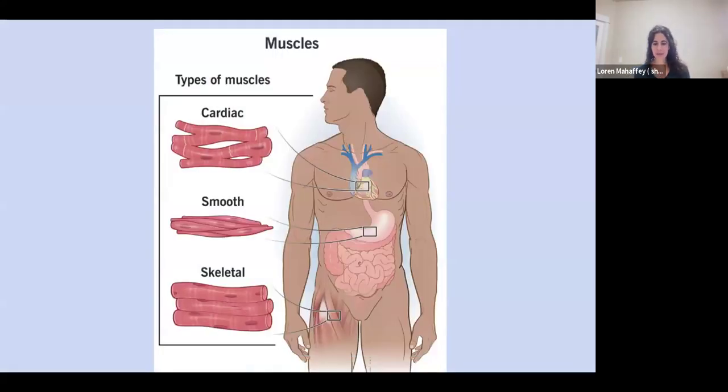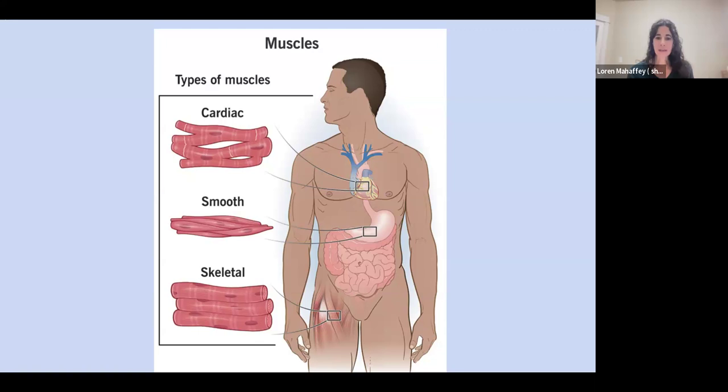So we have three types of muscle in our body, two of which are under autonomic control, meaning we do not have voluntary conscious control of them. And that is our cardiac muscle and our smooth muscle. Smooth muscle is located within the hollow organs, like the digestive system and the uterus, and it lines all of our veins.